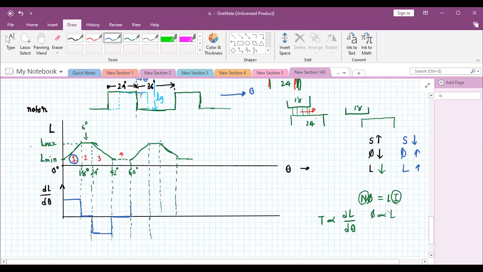Again, it is rising. Zero, like this. So whenever dL by dθ is 0, what about the torque?